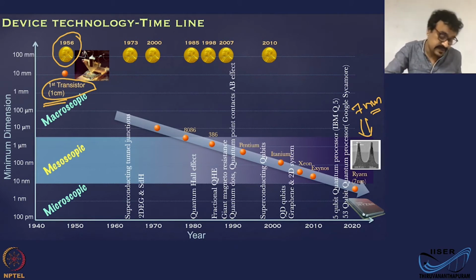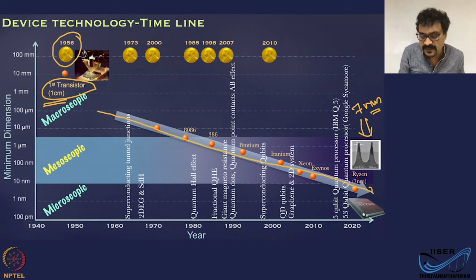We started from 1 centimeter and reached 7 nanometer in a span of approximately 70 years. It's a huge size reduction revolution. That is what we are seeing over these years.